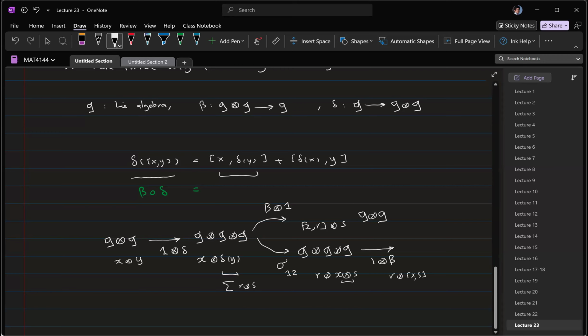Okay, so now I have to see what maps I got. The first path is the map beta tensor 1 composed with 1 tensor delta. And the second path is the map 1 tensor beta composed with sigma 1, 2, composed with 1 tensor delta.